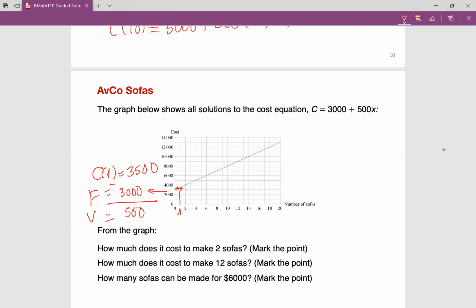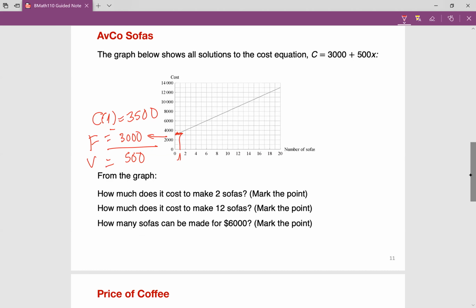Okay, so coming back to the problems. The question here is, how much does it cost to make 2 sofas? So look at the 2 sofas here. This shows about 4,000.